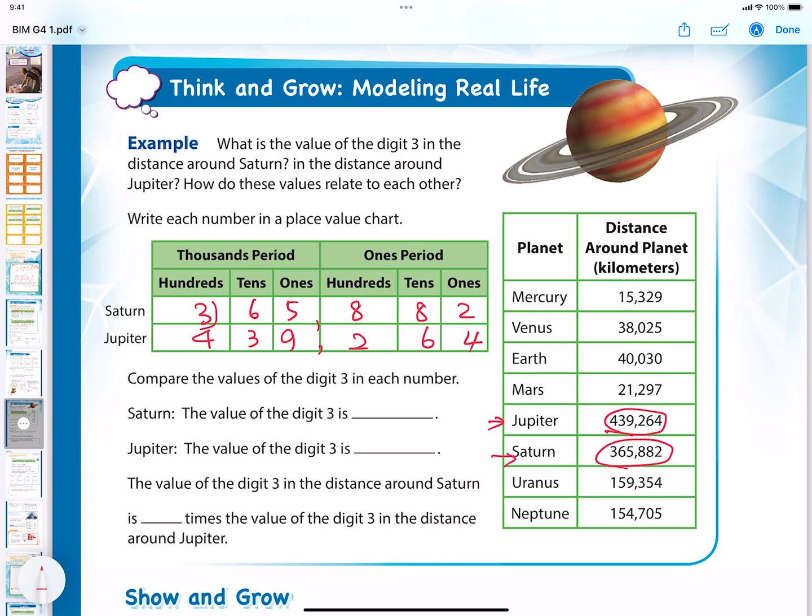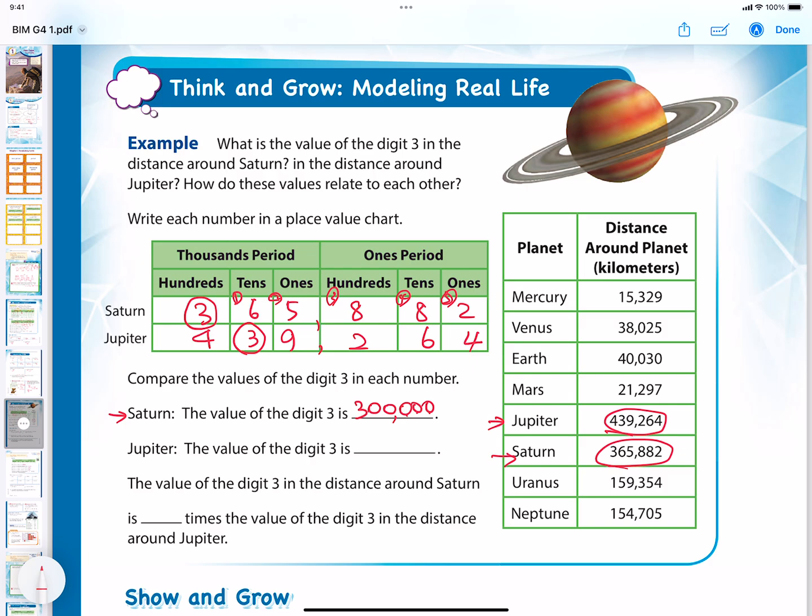All right, I found it from Saturn and Jupiter. We are going to take a look at Saturn first. The value of the digit 3 in Saturn is 3 and how many digits behind? 1, 2, 3, 4, 5. 1, 2, 3, I'm going to put a comma.